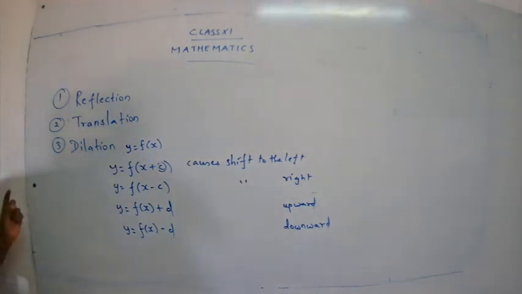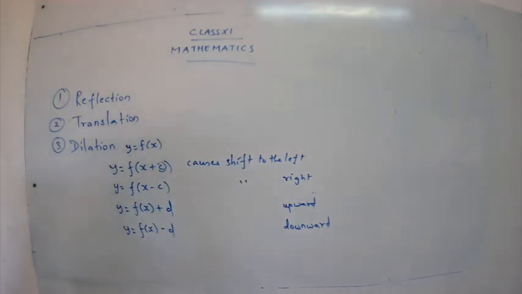When it is x minus c, the shift is to the right. And when you have f of x plus d, the shift is upward. And when you have y is equal to f of x minus d, the shift is towards the downward. So just think of this. These statements are very, very important. We have to know the statement.